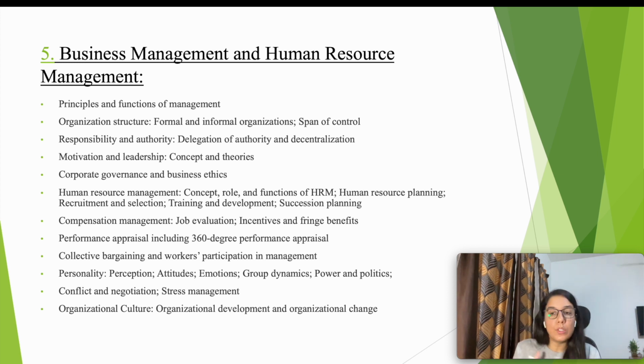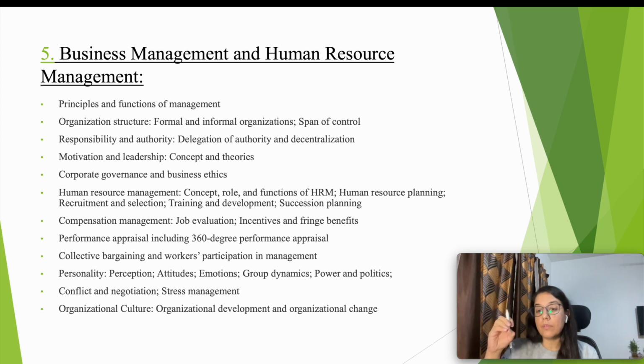I always recommend Trueman more than Arihant. So just go across business management and HRM for this. As I mentioned already, motivation and leadership theories are very important. They can ask you who has framed the following leadership theory. They can ask you questions related to that.